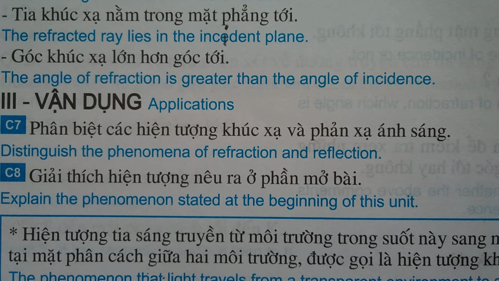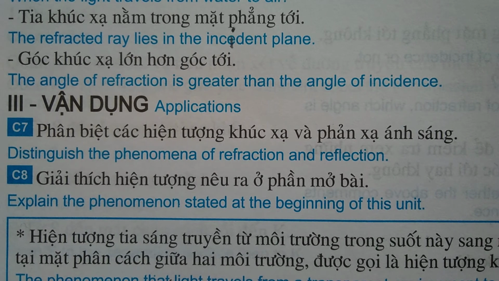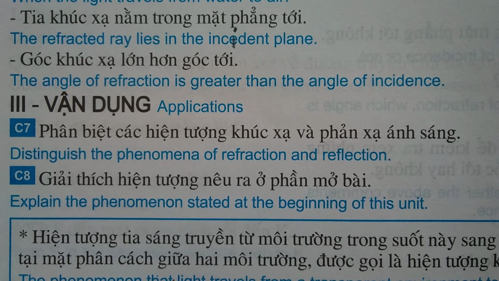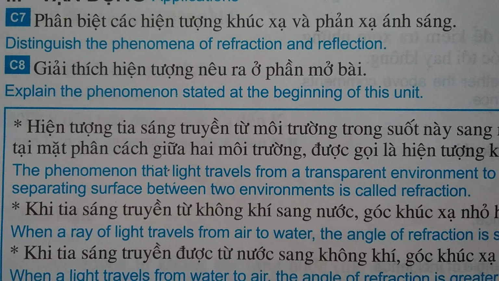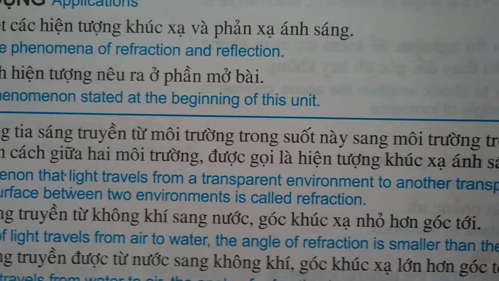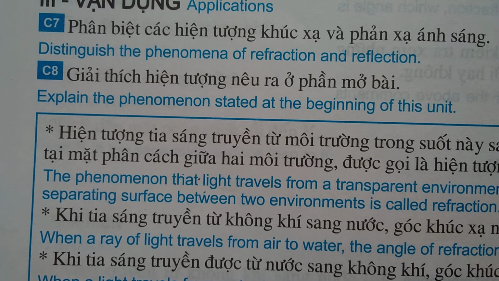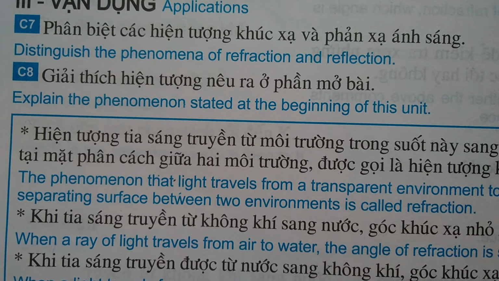Applications. Distinguish the phenomena of refraction and reflection. Explain the phenomenon stated at the beginning of this unit. The phenomenon that light travels from a transparent environment to another transparent one and is refracted at the separating surface between two environments is called refraction.